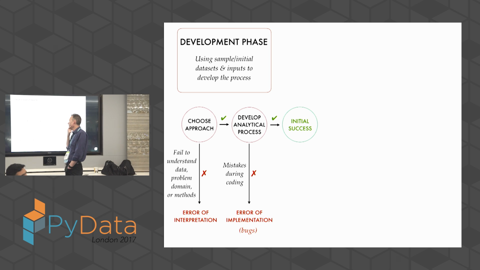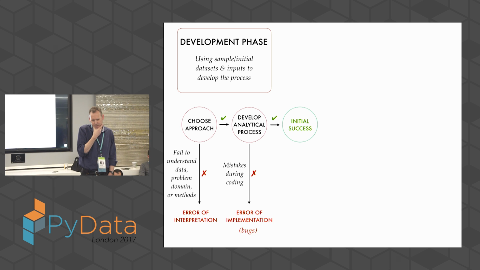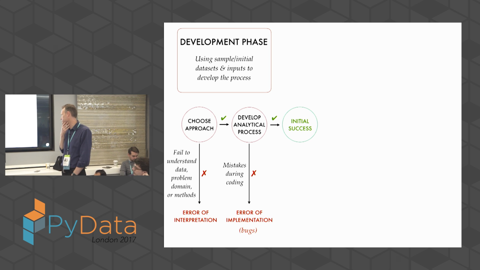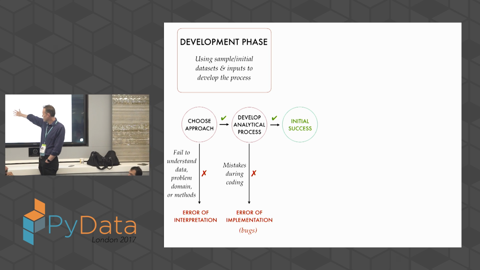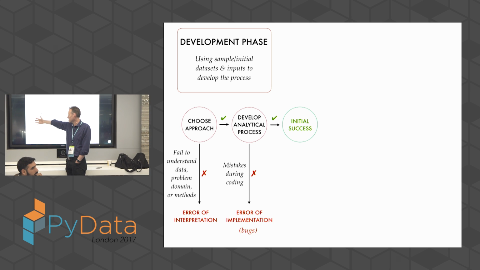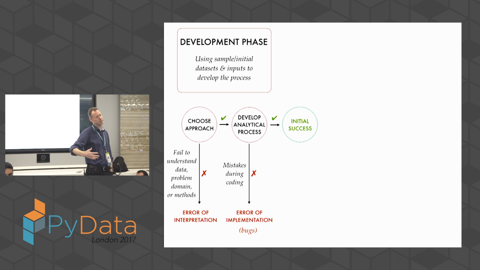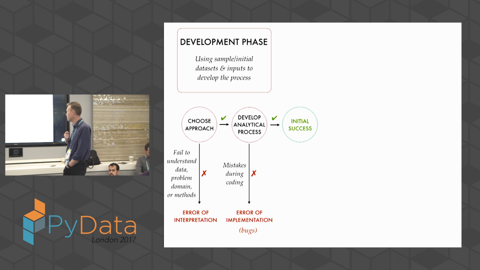And I guess in thinking about test-driven data analysis, what we've been thinking about is what are the things that can go wrong in this process. And the first thing that can go wrong is when we choose our approach, we can fail to understand the data, we can fail to understand the problem domain, or we can fail to understand well enough the methods that we're thinking about using in solving the problem.